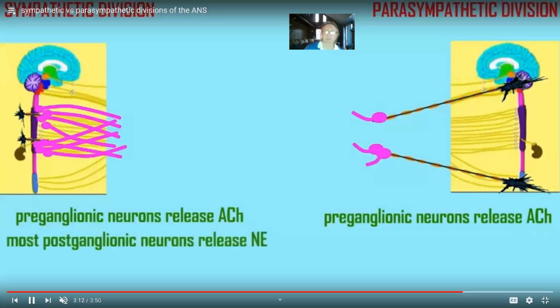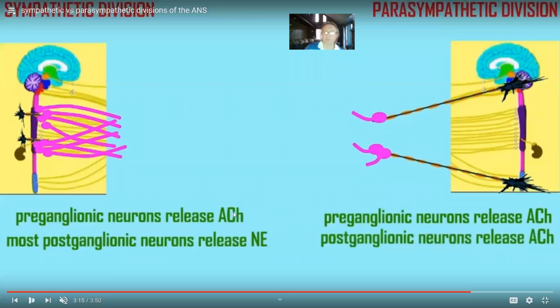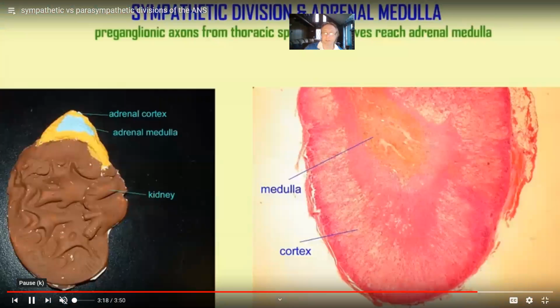There are differences, however, because, and I'll get into this again, the preganglionic neurons are always releasing acetylcholine, but norepinephrine is more of a sympathetic neurotransmitter, while for effector organs, acetylcholine is used by all of the postganglionic neurons of the parasympathetic division.